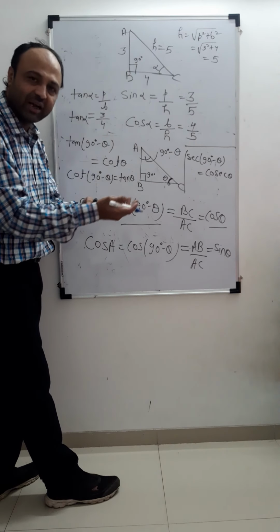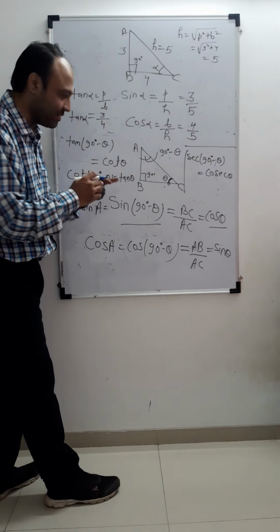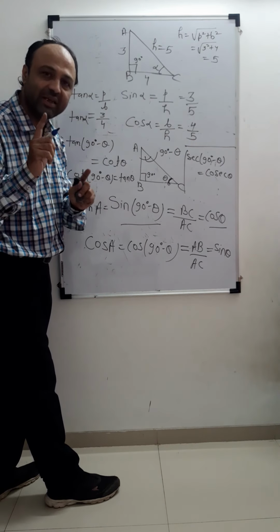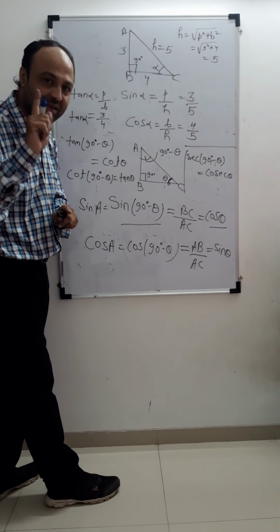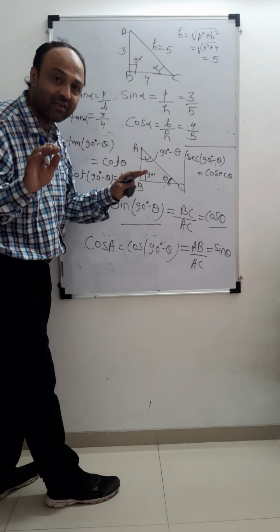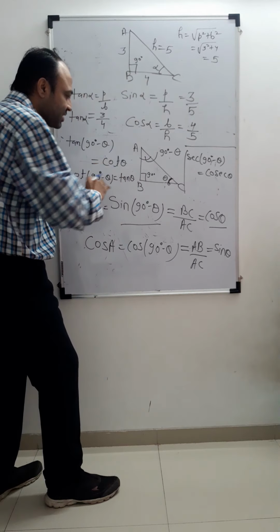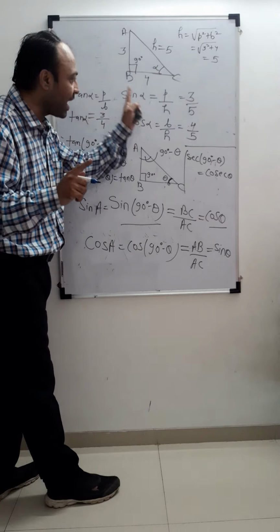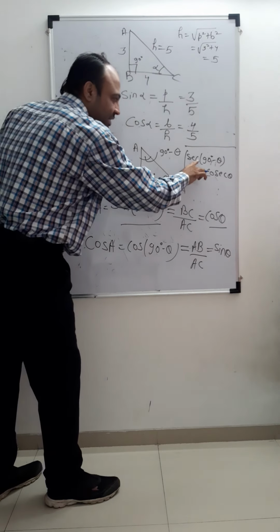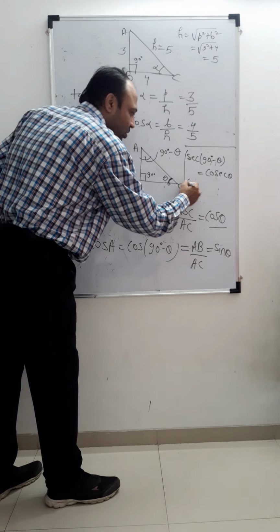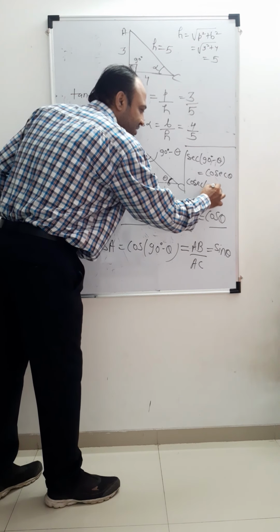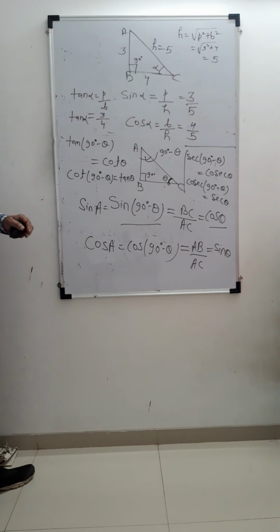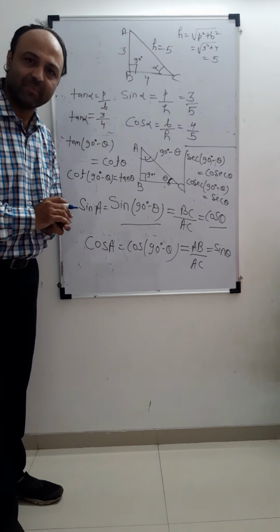And these are all only for a right angle triangle. Always remember, this is not true for any other triangle. Cosec 90 minus theta is sec theta. So these are another 6 relationships you have seen.